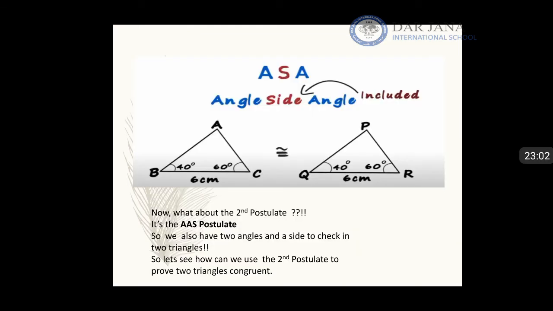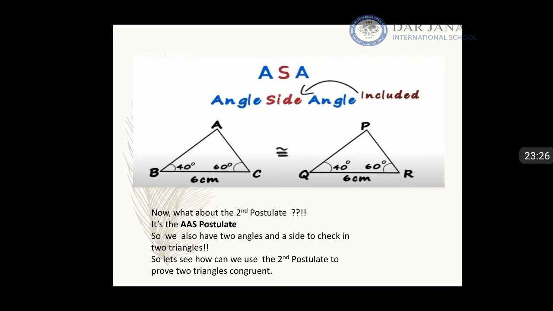So angle side angle, let's move on. It's the angle side angle, and remember the side should be included, so the side between the two angles. In triangle ABC we have B as 40 degrees, C as 60 degrees, and BC, which is the included side, 6 centimeters. And in triangle PQR we have Q as 40 degrees, R as 60 degrees, and QR as 6 centimeters.